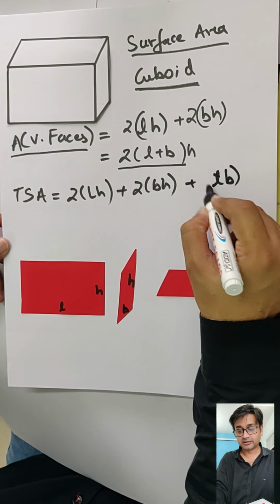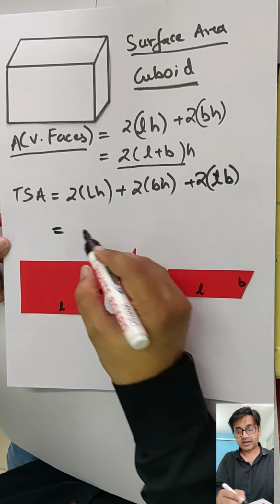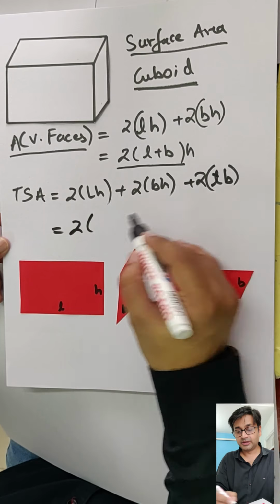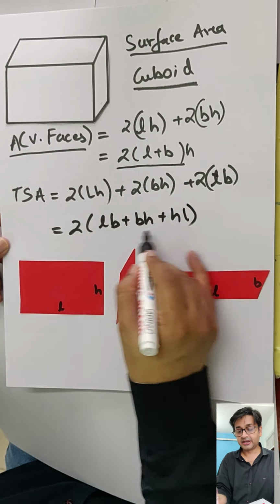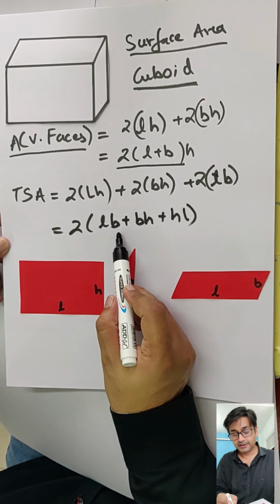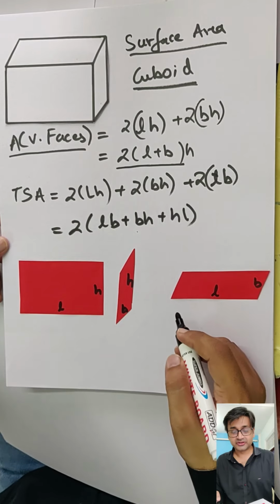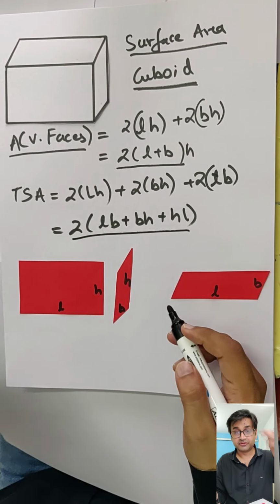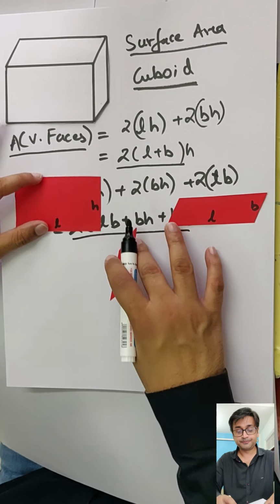So length into breadth, but 2 times, because one on top, one at the bottom. What I can pull common is 2. What will be left is LB, BH, HL. I'm writing it in order so that we can remember LB, then BH, and then HL. So that's your total surface area. See how quickly we derived it without learning it also. So you should be deriving all these, then it's fun.